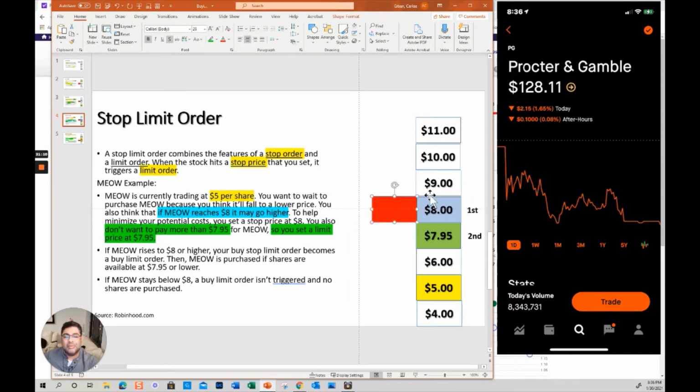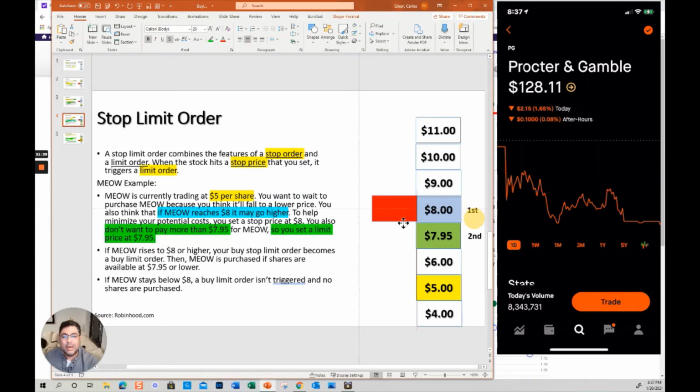So think of it as if it was at 8. It's a two-step process, but when it does the first step, this is like the market price, and you do not want to buy at 9.